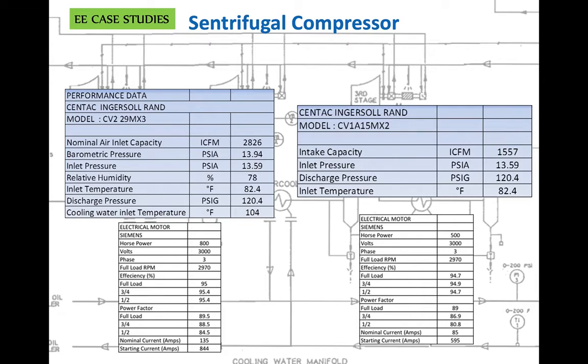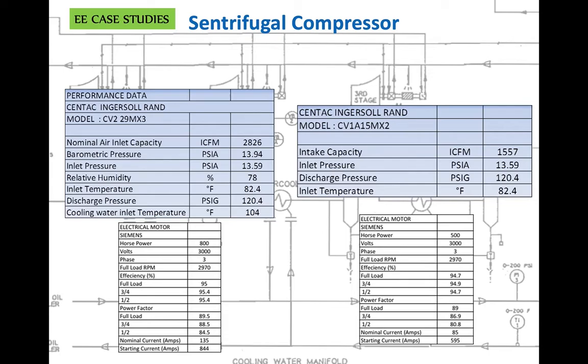Both of these compressors have the same discharge pressure, capable of producing compressed air at about 120 pounds per square inch gauge.